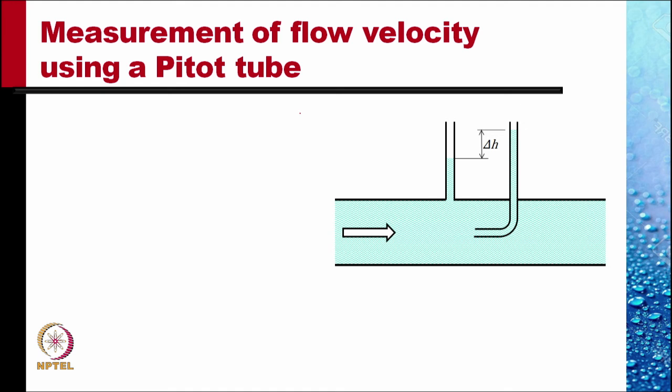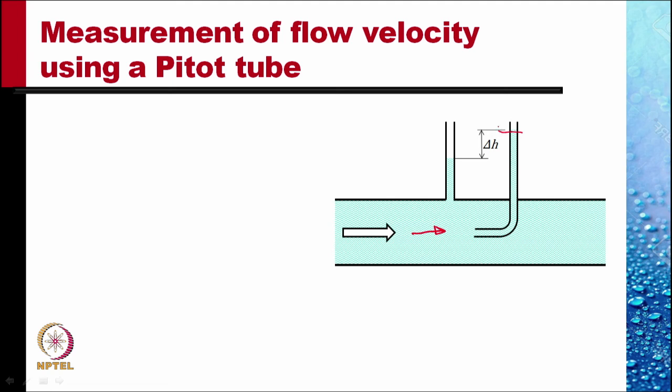Bernoulli equation can also be used to calculate the flow velocity in a pipe. Consider a liquid flowing through this. We use a bent tube aligned with the flow. The lower end is aligned with the flow, and the upper end rises vertically. Because of the energy of the flow here, the water rises into this tube.